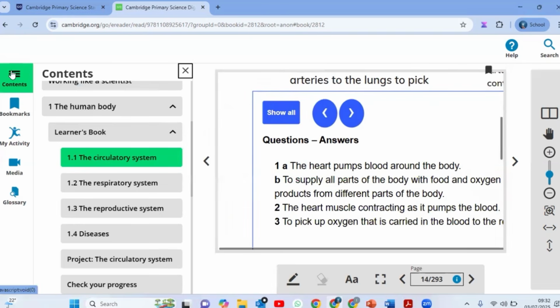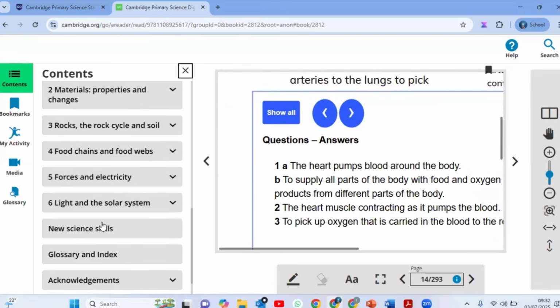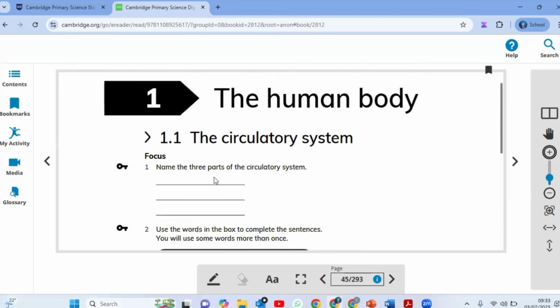Now, let me go to the workbook. Name 3 parts of the circulatory system. 3 parts, you remember? You have 10 seconds. Write the answer inside your notebook or any paper next to you. So prepare yourself.